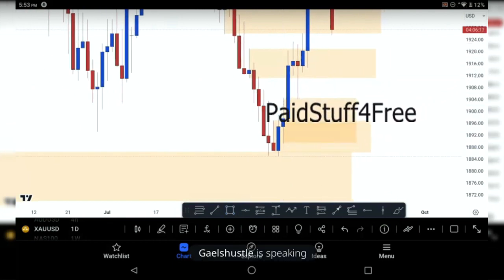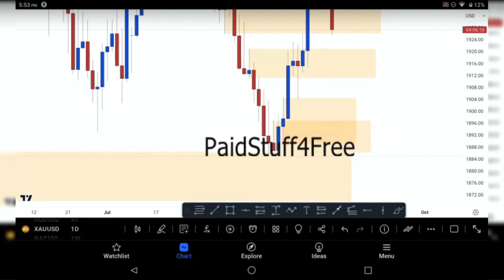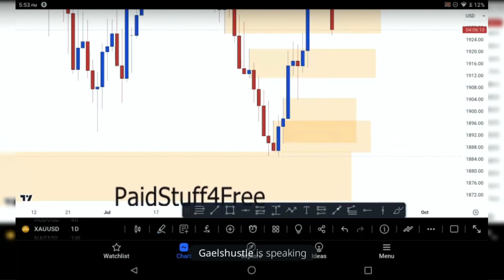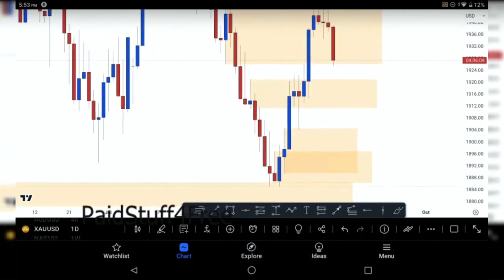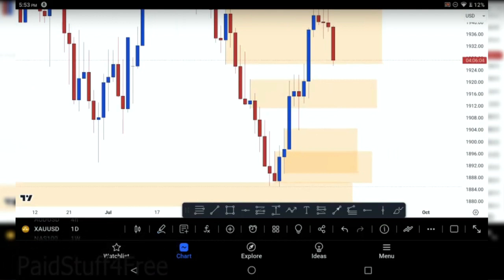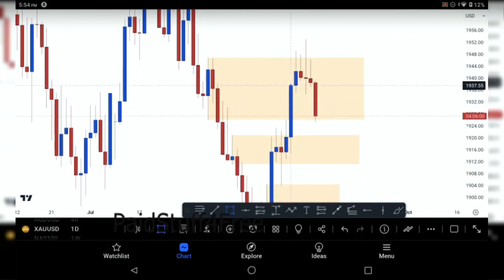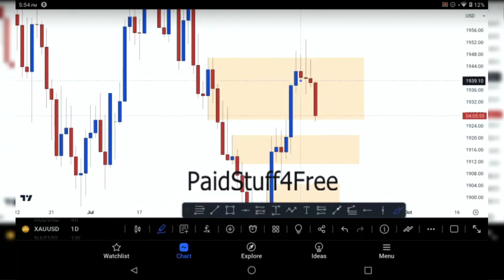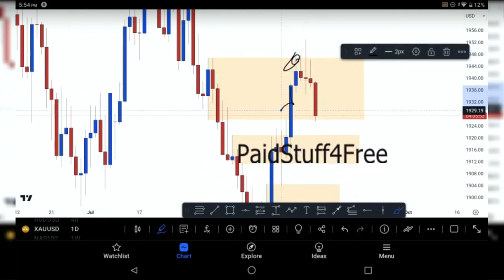Do you guys know dominant candles? Not really. Okay, dominant candles or dominant engulfing are like two candles of the same color, be it a buy candle or a sell candle. This right here is a dominant candle, because this blue candle here has fully engulfed this other one.